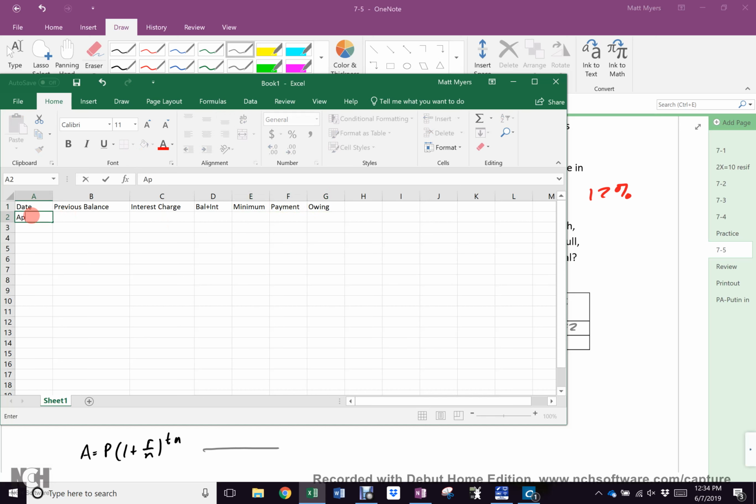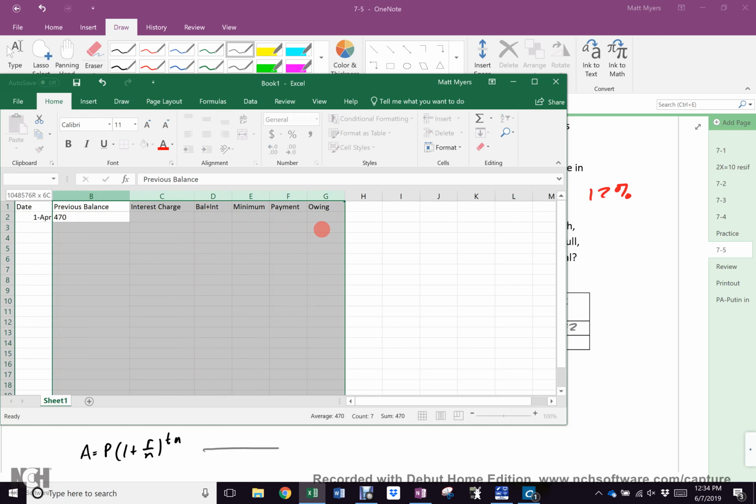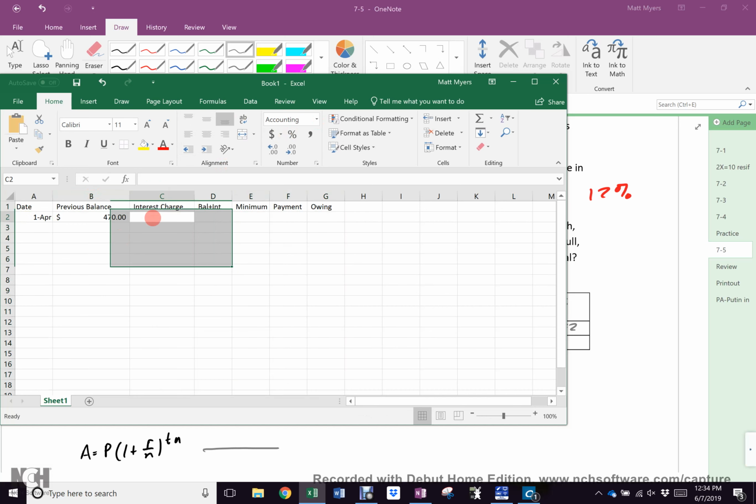So April 1st is my first month, previous balance, 470, and I'm going to change all of these to money. Interest charge equals, okay, B2 times, open bracket, 1 plus 0.144 divided by 365, because I'm not paying it all off.